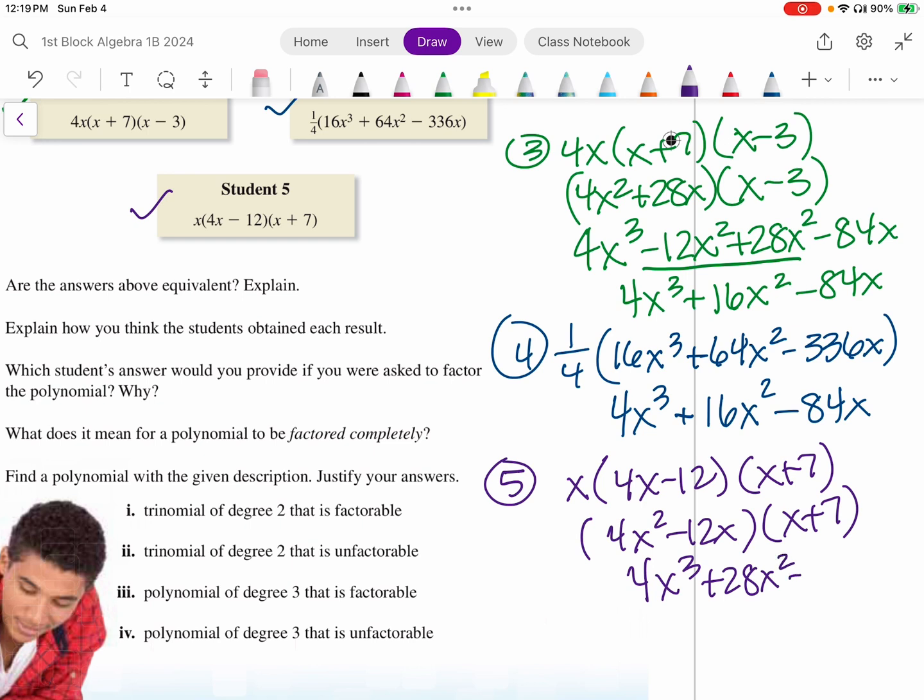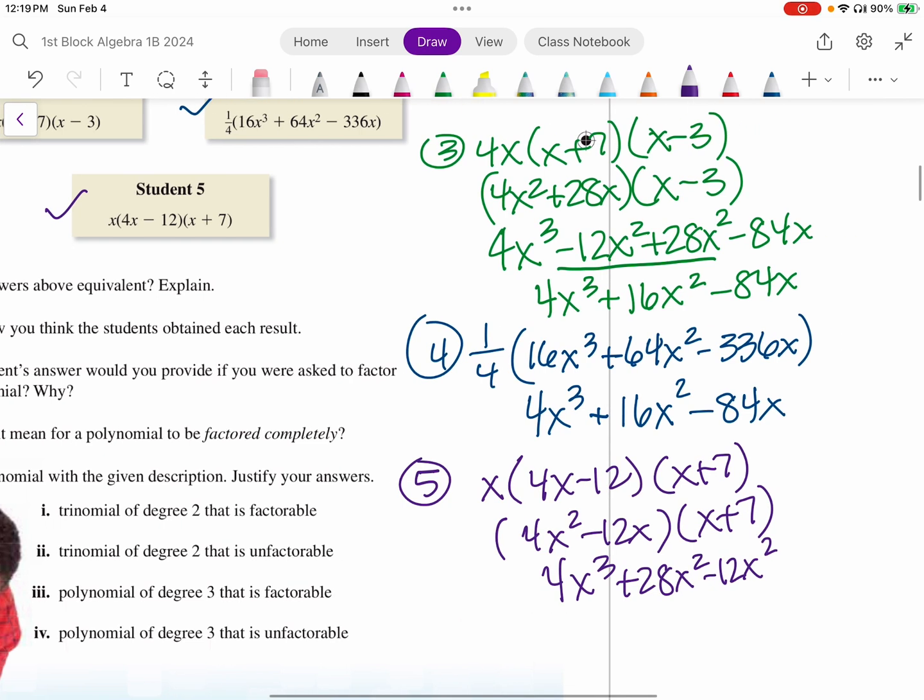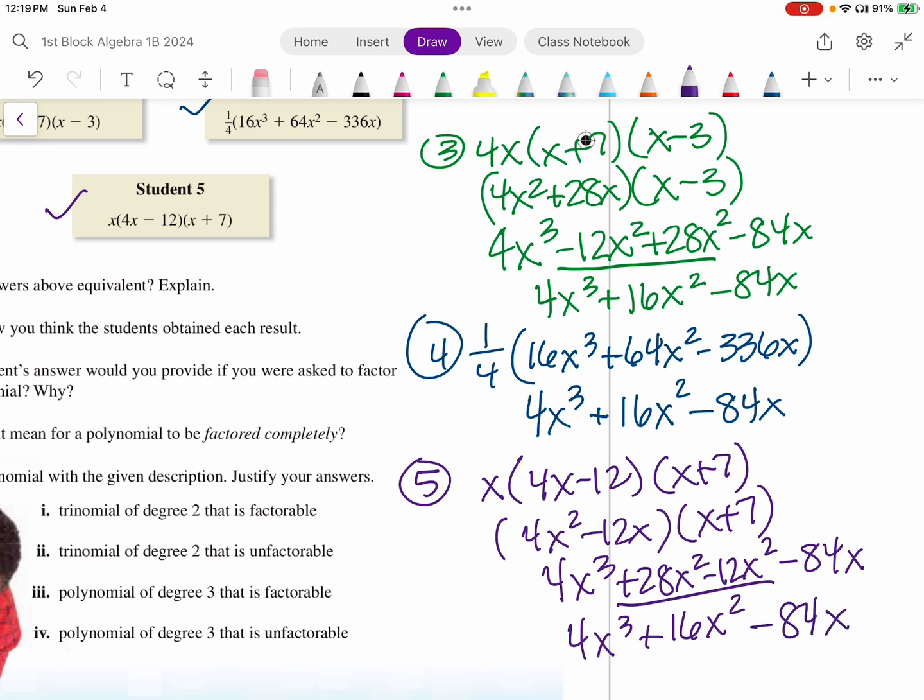Negative 12x times x, negative 12x squared. Negative 12x times 7, negative 84x. Combine our like terms. 4x to the third power plus 16x squared minus 84x.